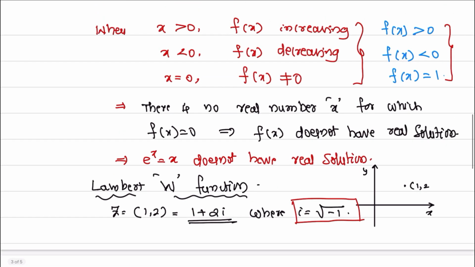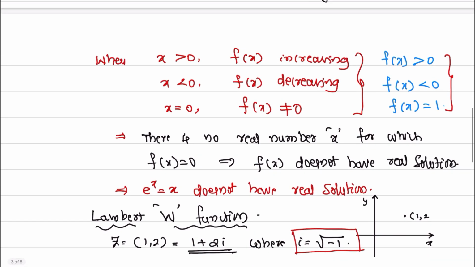If you have seen here, at x equal to 0, function f(x) is equal to 1. At x greater than 0, function f(x) is increasing. At x less than 0, function f(x) is decreasing, gaining the negative values. That means f(x) equal to 1 is the minimum value.